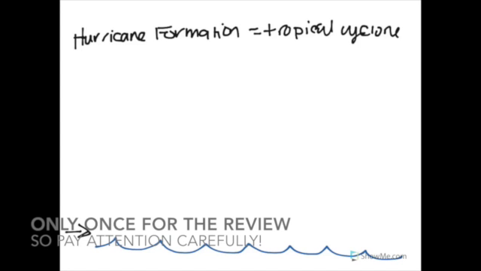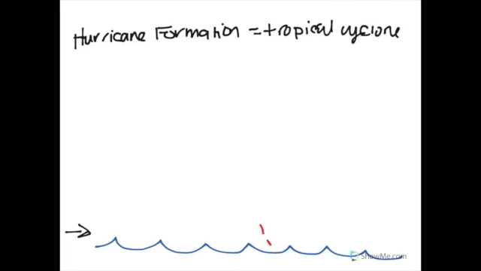So first, all of this warm, moist air rises from the ocean, and that leaves kind of a void below. We're leaving a low pressure system below.